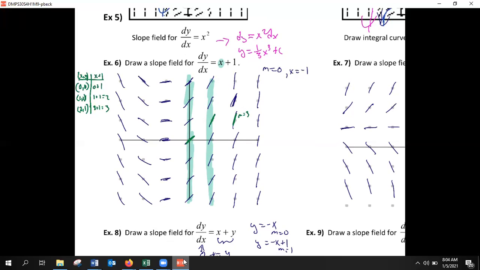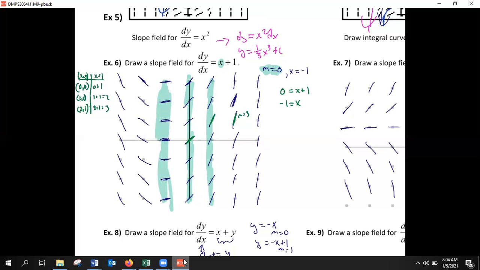Another way that we can look at it is to say, okay, what happens if I want to know what my specific slope is? In fact, having a slope of 0 is going to be something that's very, very important. So if we ever want to know what is our actual slope, we can put that in. Our slope of 0 is x plus 1 and solve. So whenever x equals -1, we're always going to have a slope of 0, which we actually do.